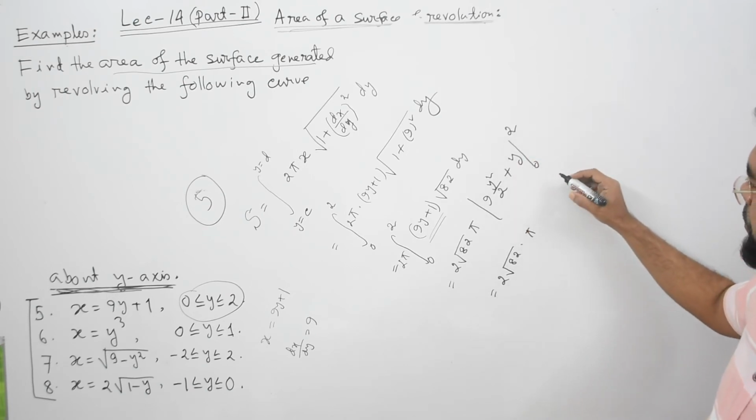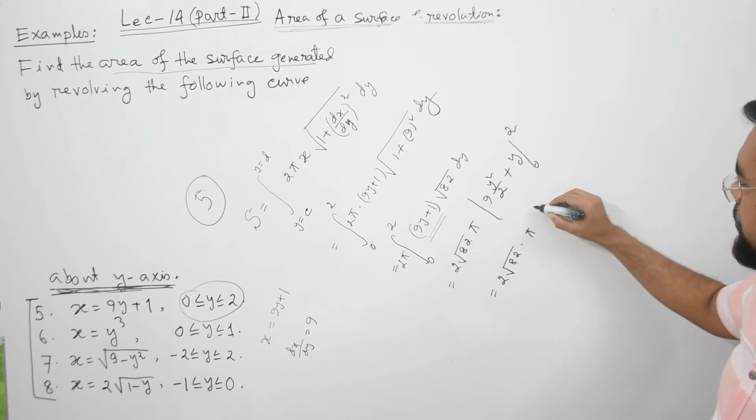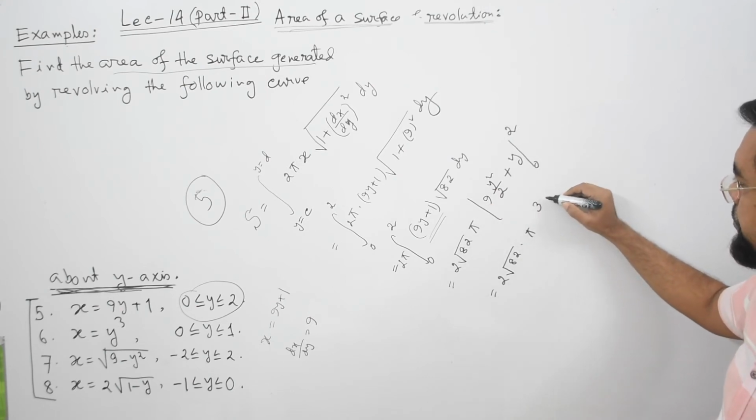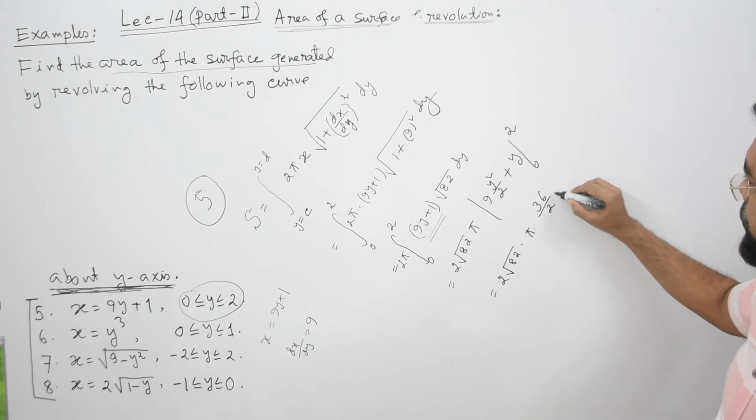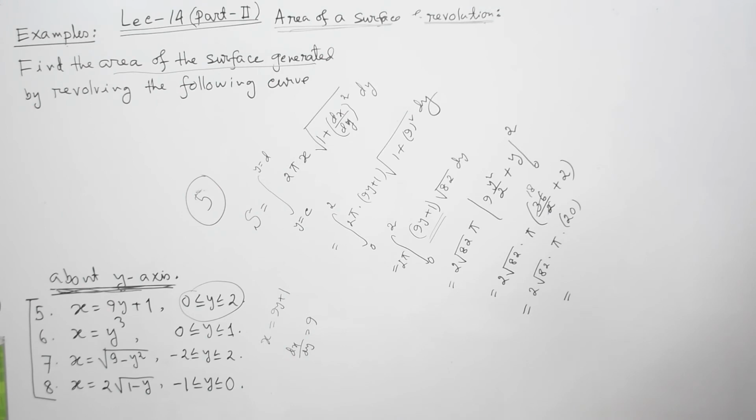If we put the upper limit, it will be 4 nines into 9, so 36 by 2 plus 2 minus 0. So the final answer will be 40 pi root 82.